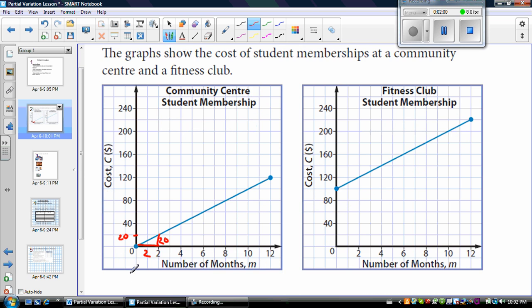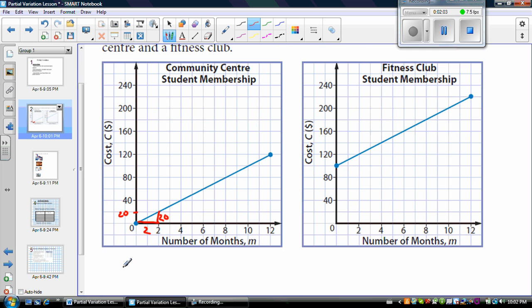So the slope would be equal to rise over run, which is 20 over 2, which is equal to 10.